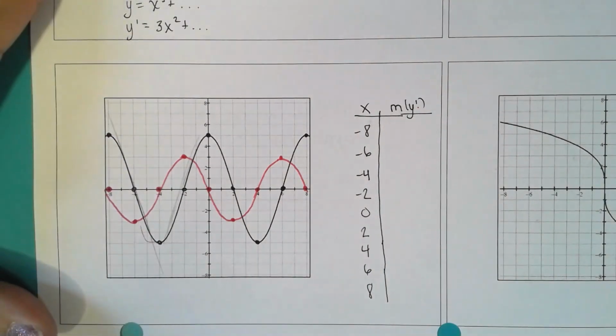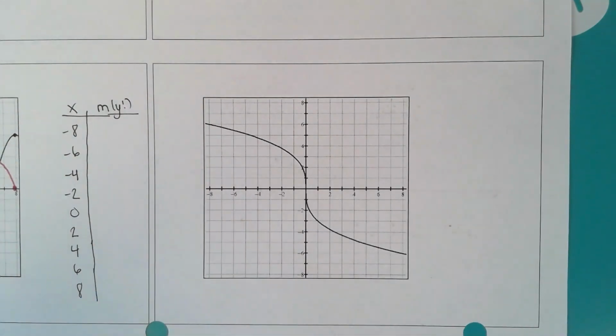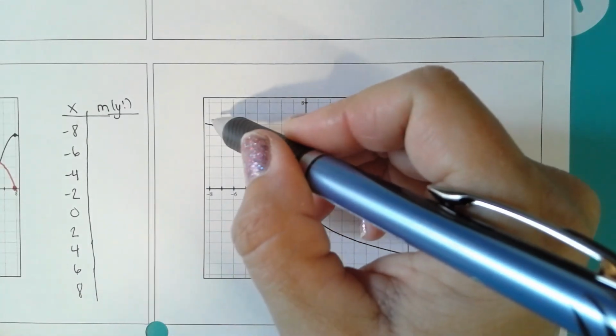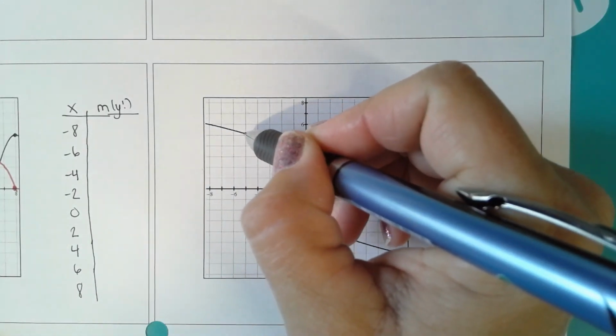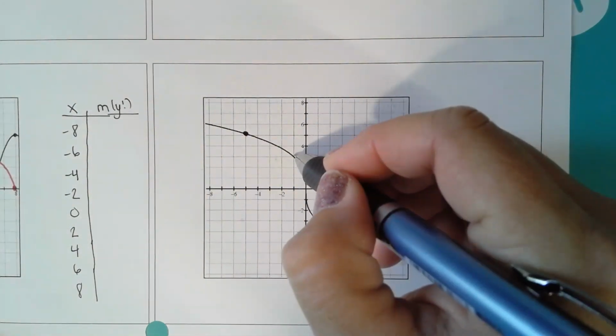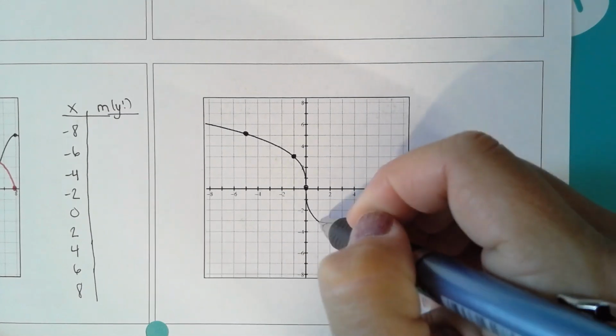All right, let's do the last one. All right, let's pick some key points here. There's not a lot changing in the graph. You know, I kind of like, well, let's call that -5, 5-ish. Maybe -1. Let's look at 0. Let's look at 1.